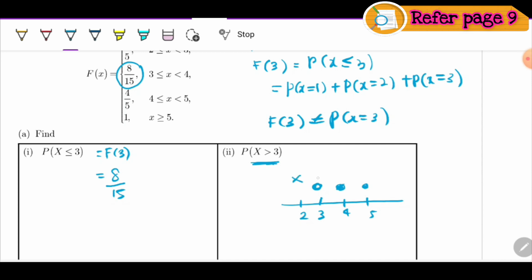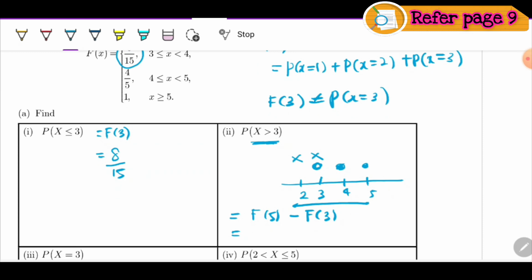We also don't want x equals 2 and x equals 3. So we start from F5 and then minus x equals 2 and x equals 3, which is F3. So from the function, F5 is equal to 1 and F3 is 8 over 15. And the answer is 7 over 15.